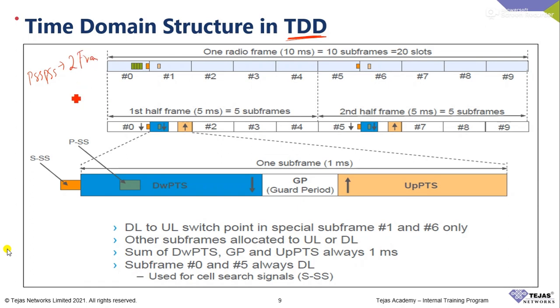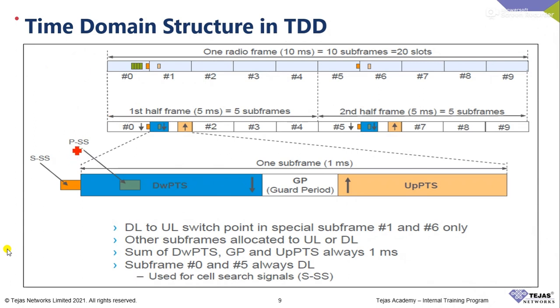PSS came in the 6th symbol of the first slot, that is the last symbol. And just before this, the penultimate one had SSS. And subsequently after this, we had the next 4 OFDM symbols on PBCH, right? This was the structure in FDD.